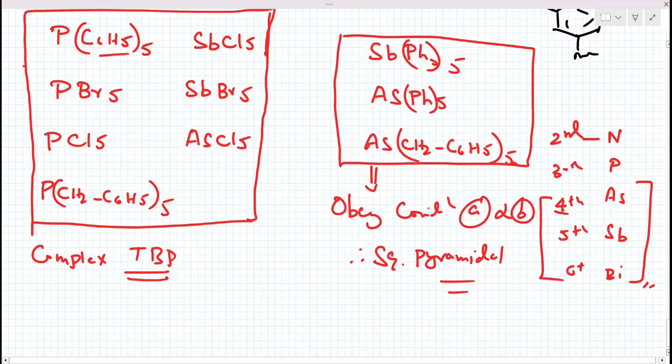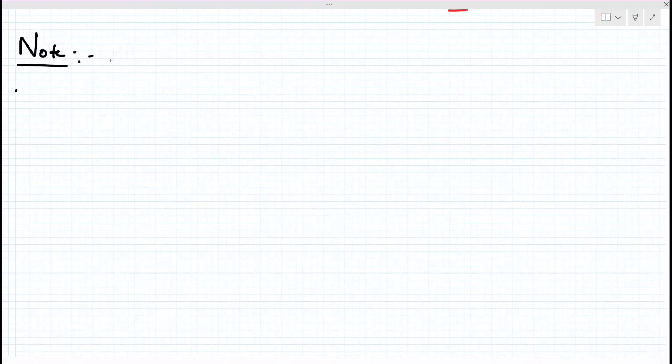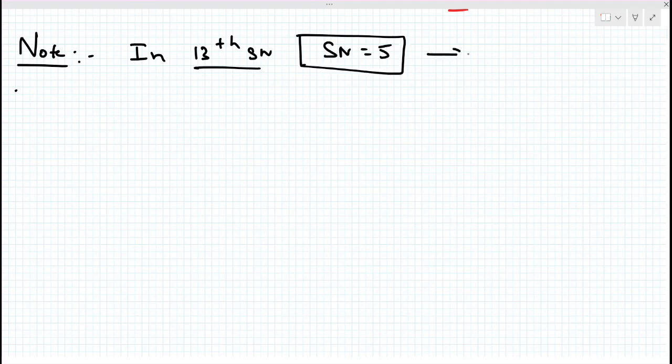Now I go to something important. Please note, this is a higher level concept. In group number 13, elements also form steric number 5. What is the geometry? Trigonal bipyramidal.